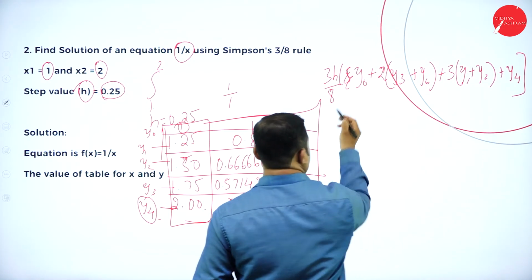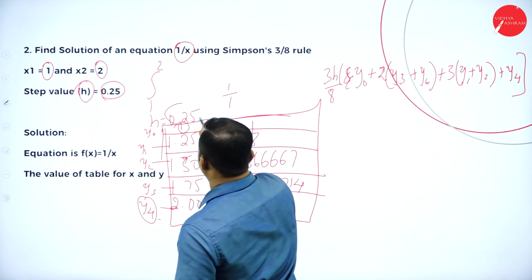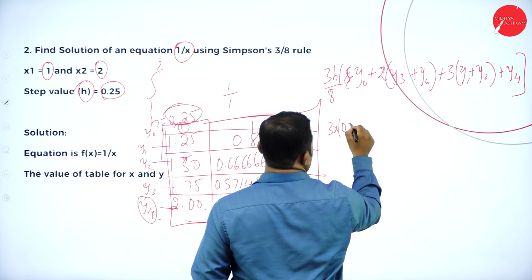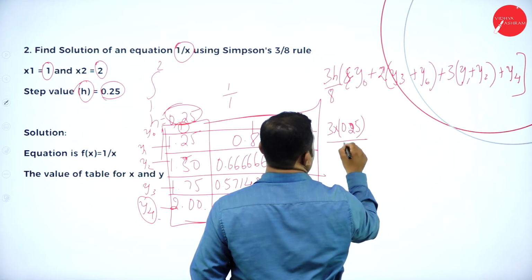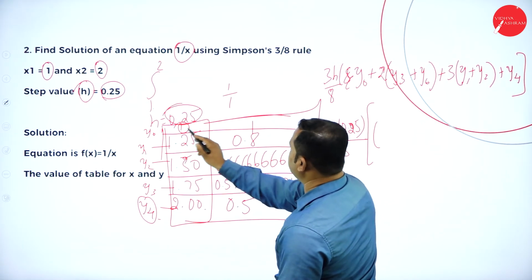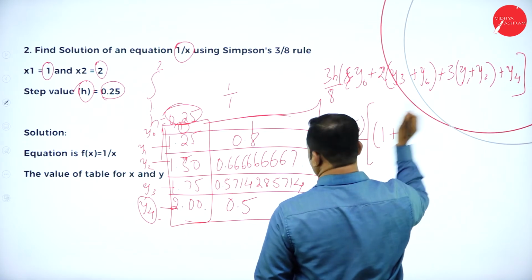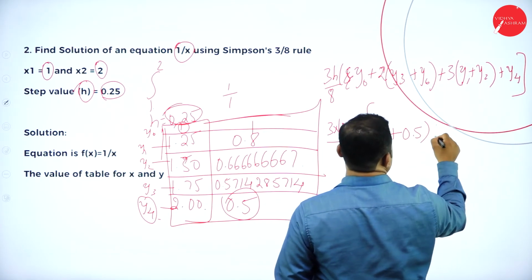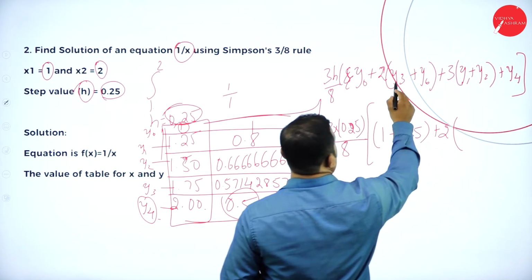If that is the case, what is the value of h here? h is equal to 0.25. So 3 into 0.25 divided by 8 into y0 plus y4. What is y0 here? 1. Plus y4 is what? 0.5. If that is the case, what is the value of this? 2 into y3 plus y6.